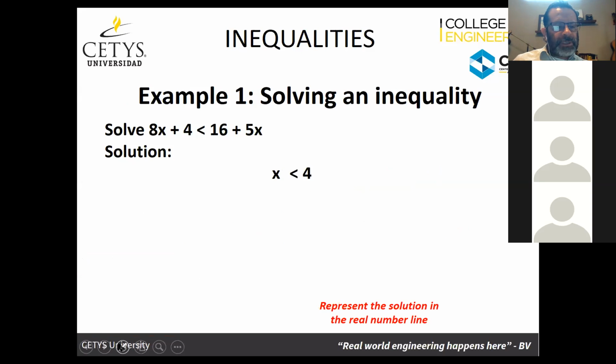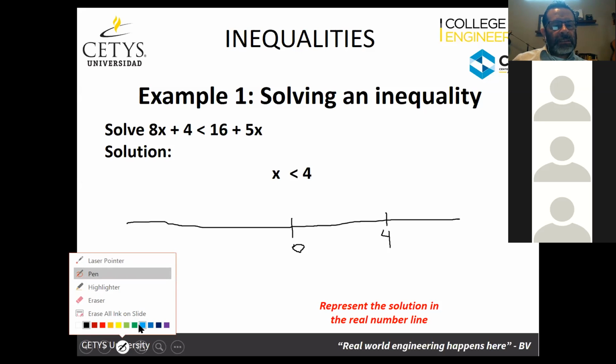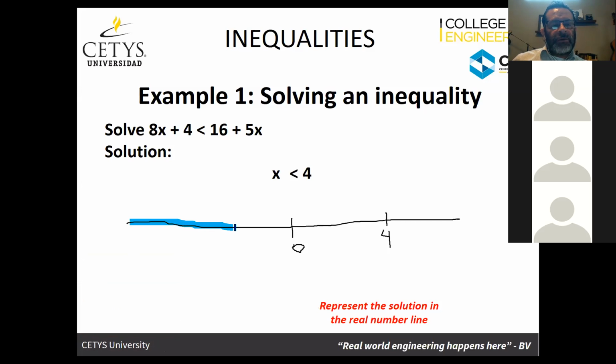Let me just do the representation here on the number line. So this one would be the number line. We would have the 0 here, we would have the 4 here, and we're going to have all of the values that go from here to here. In this case, we have a parenthesis because it is less than.